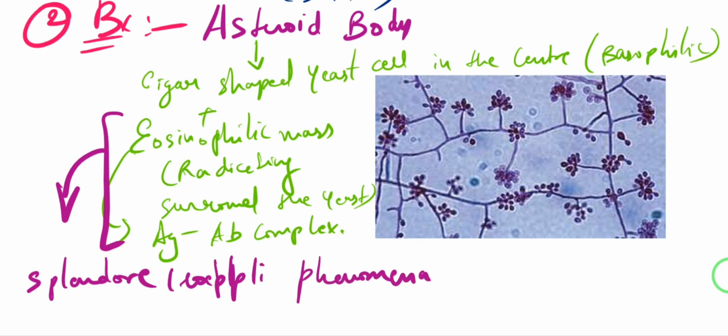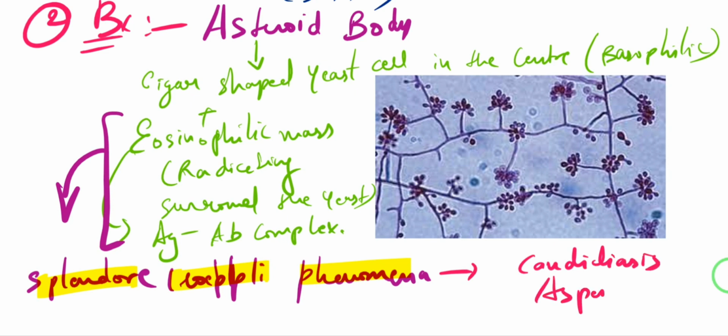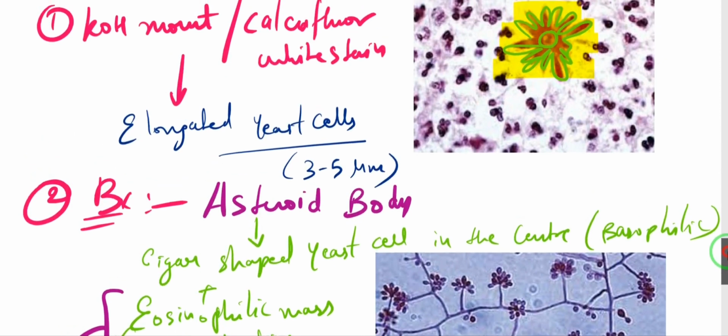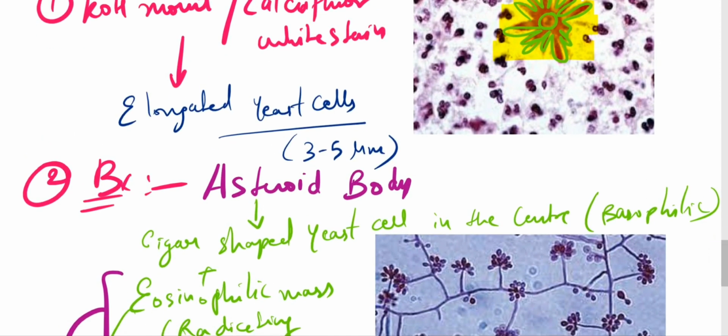And this phenomenon is also seen in candidiasis, aspergillosis, etc. So when we do the histopathological examination, we are going to see, in case of sporotrichosis, this asteroid body, which is containing the cigar-shaped yeast cell in the center, which is basophilic, and a radiating eosinophilic mass surrounding it, which is composed of antigen and antibody complex.